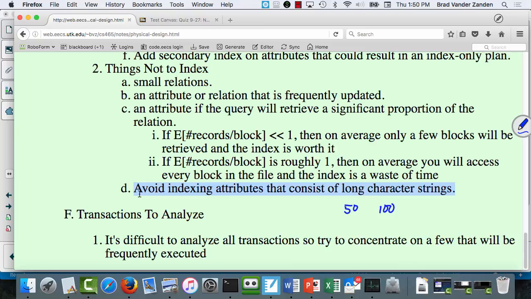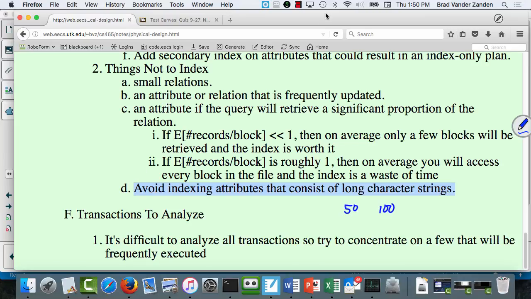If you index a long character string, the size of that index will be roughly comparable to the size of your database. So unless you love spending a lot of money on disk, it's probably not a good idea to be indexing super long character strings.